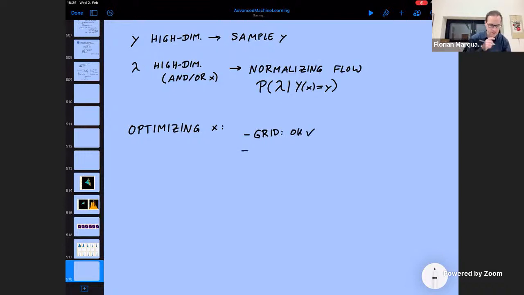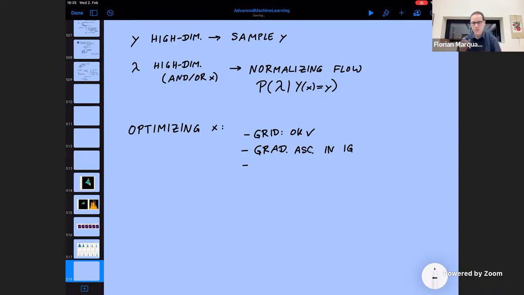For high-dimensional examples, you can try to do gradient ascent in the information gain, provided you have a differentiable version of that, which can work if you have a neural network representation. It will not work if you have a grid-based representation.